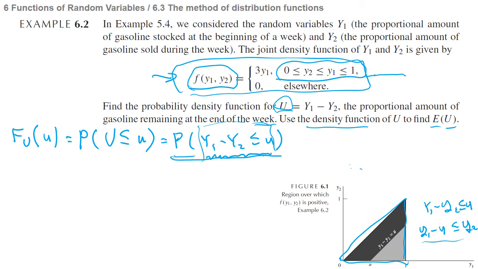So this is the region. Y2 equals Y1 minus u is this line, and this line, and the region here is this black one. So if you integrate the density function on this shaded region, then you can find the probability of this thing.